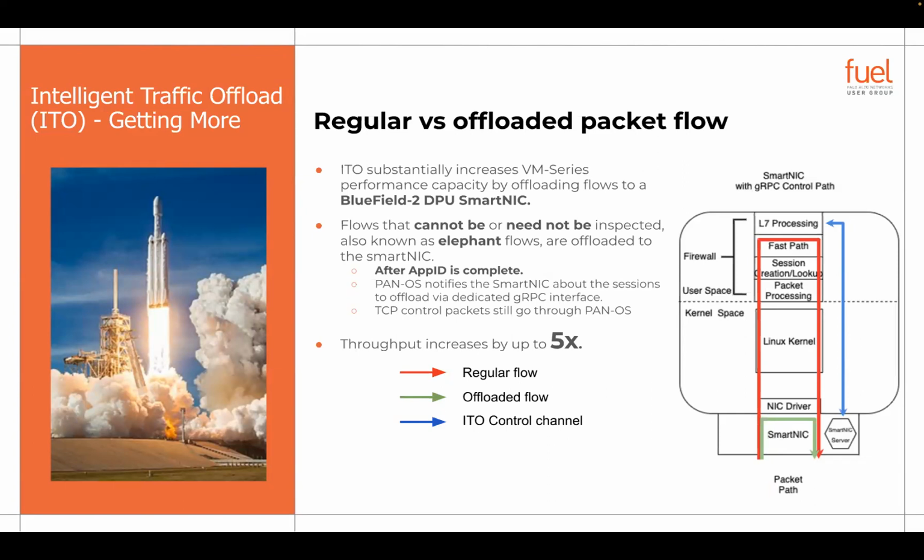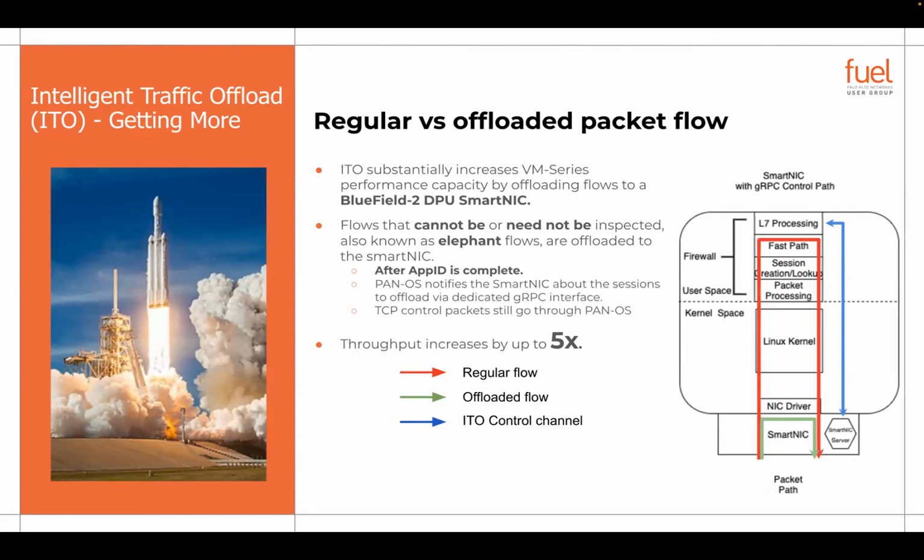And so we've essentially tried to replicate that with the VM-Series, doing that with DPUs or network cards that are capable of maintaining that state table. The Bluefield 2 DPU SmartNIC is currently the chip that handles this, but there are more SmartNICs becoming available on the market, and I suspect that as those become available, we'll continue to try to develop support for them.